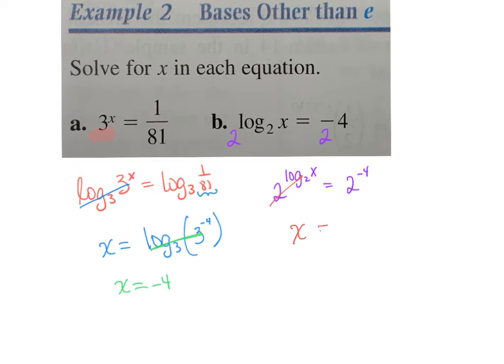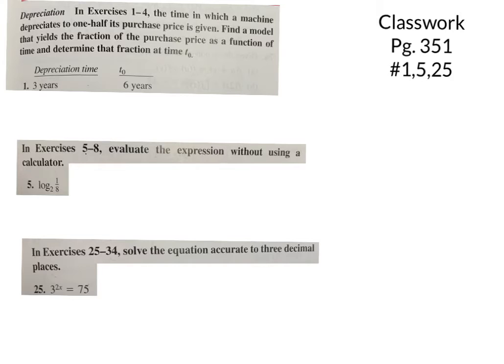You get x. 2 to the negative 4 is just 1 over 2 to the 4th, which is just 1 over 16. So on the right-hand side, you don't even have to recognize anything other than that you have a base 2. On the left-hand side, you do need to know that 81 is a base 3 number. All right, so let's try a few of these.